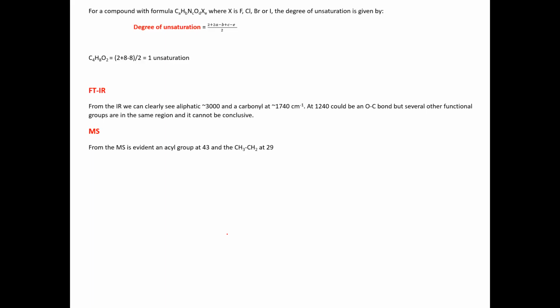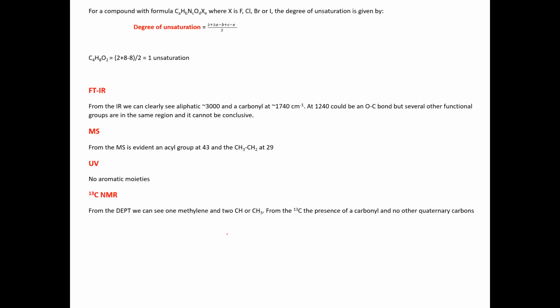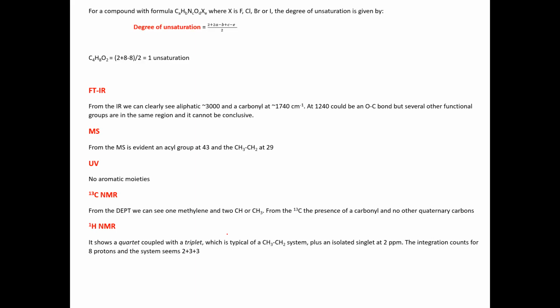The most evident things are 43 and 29. UV tells you that there is probably no aromatic, as there is not a strong absorption. Carbon 13: 1 methylene, and 2 that could be CH or CH3. But apart from the carbonyl, there are no other quaternary carbons. Proton NMR: immediately, quartet and triplet coupled, typical of the ethyl group.